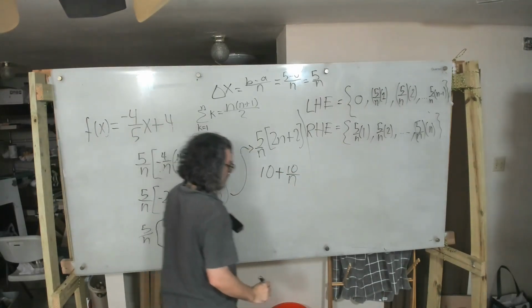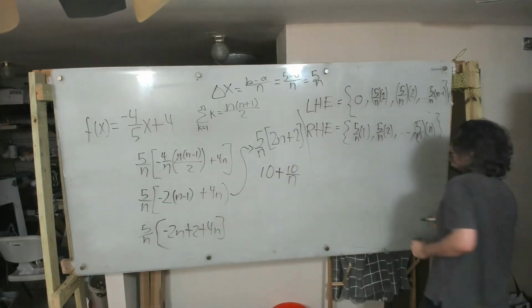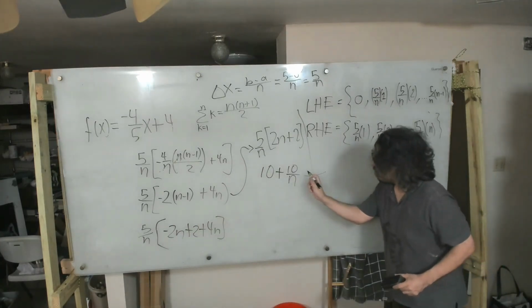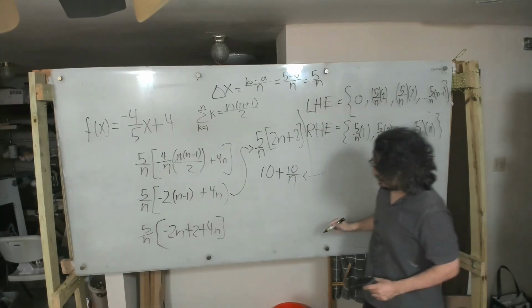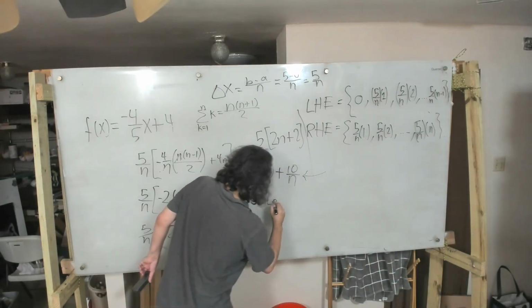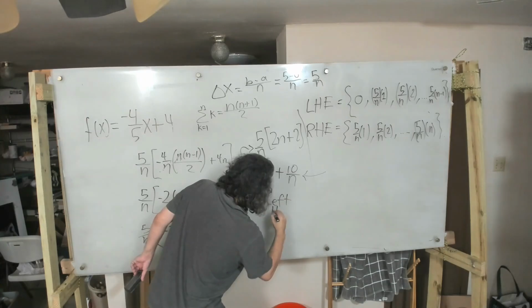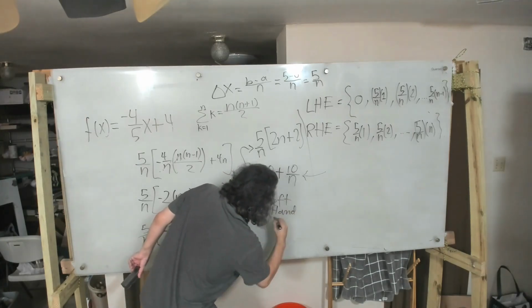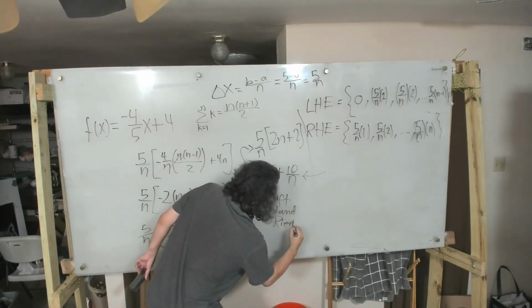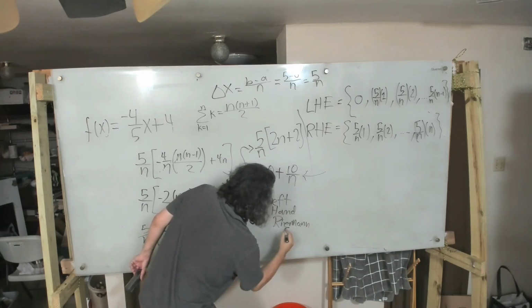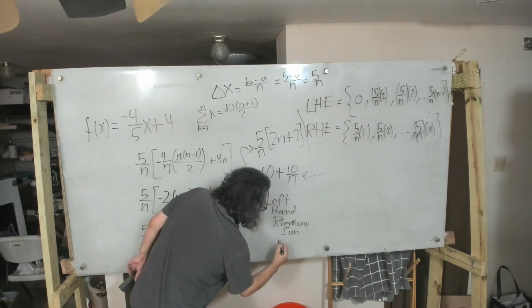Okay? So look at what we got here. After all that work, this is our left hand Riemann sum for n rectangles.